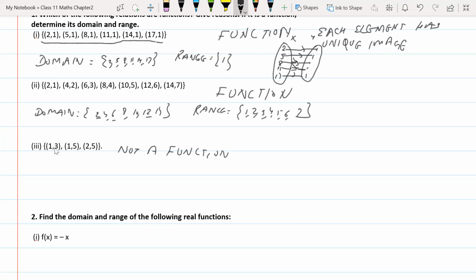Because there are two different images corresponding to one element of the domain. 1 has 3 and 5, and 2 has 5. So this is the duplicacy here, meaning no unique images.